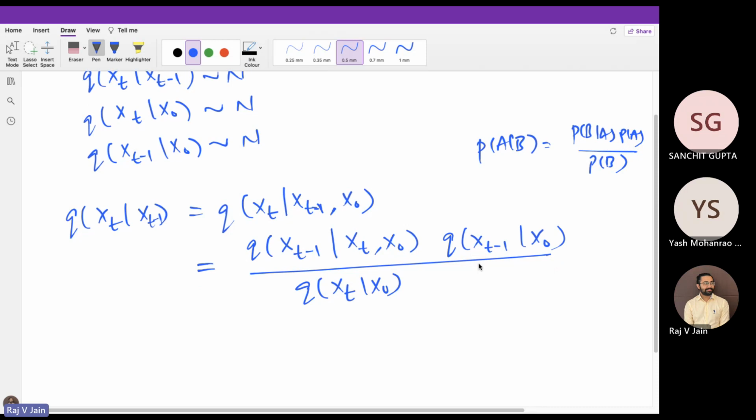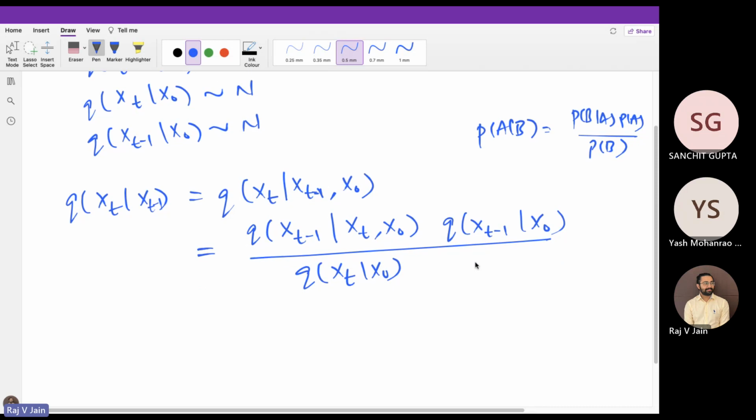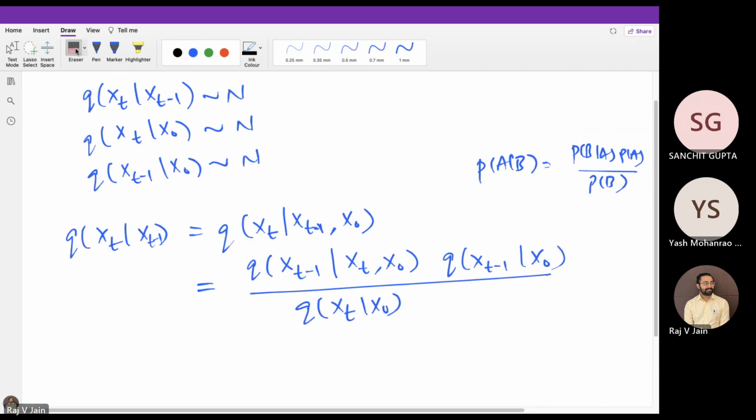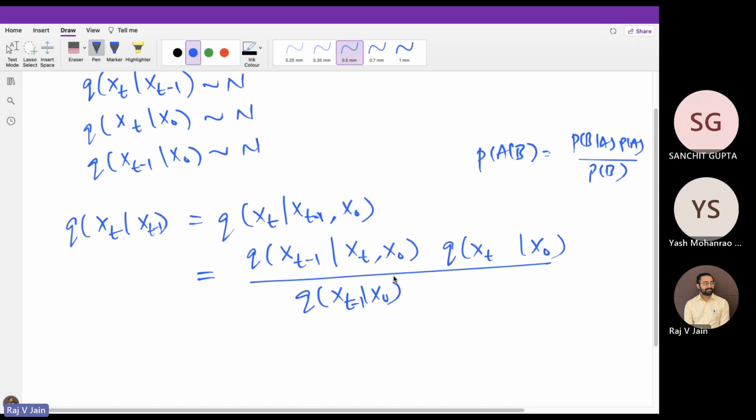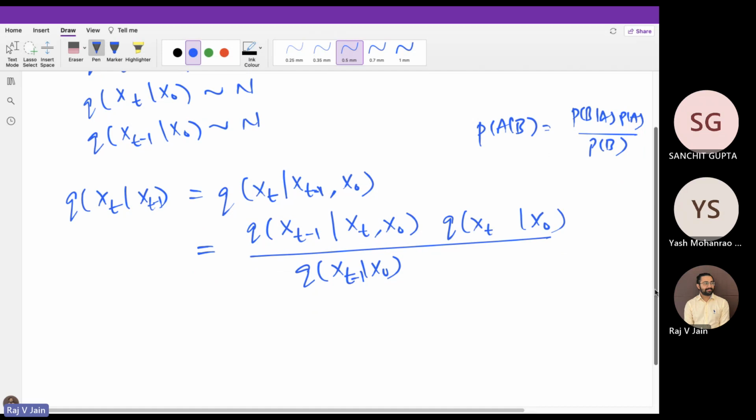This will be xt and this will be xt minus 1, correct? Is this fine? So now we use this equation, so we'll use this in our derivation of what we did previously.